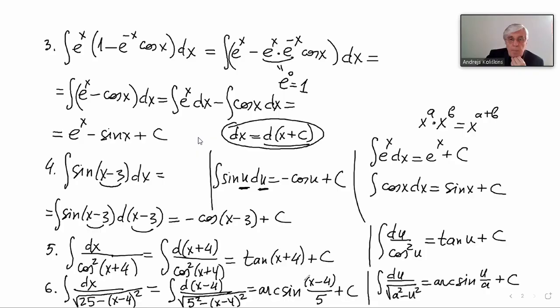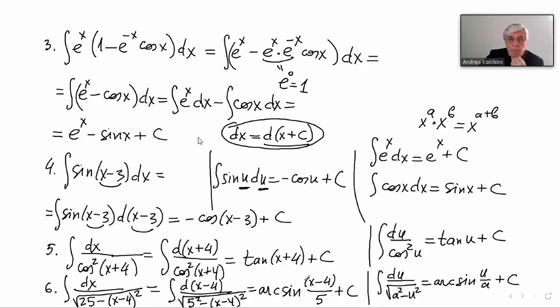Okay. Now let's also learn a little bit more about this table of integrals. So how do you compute this expression? Integral of 3 to the power 2x. Let me show you the table of integrals. And here is the formula that you can use, okay? So I can use this formula if these expressions are equal.